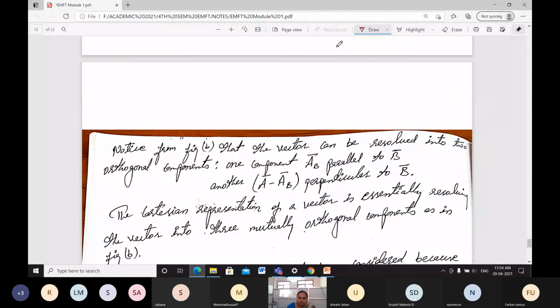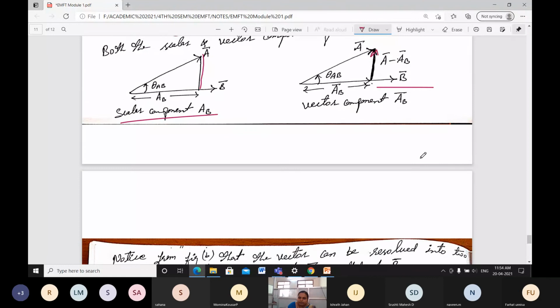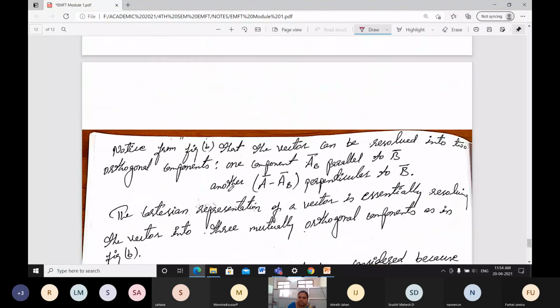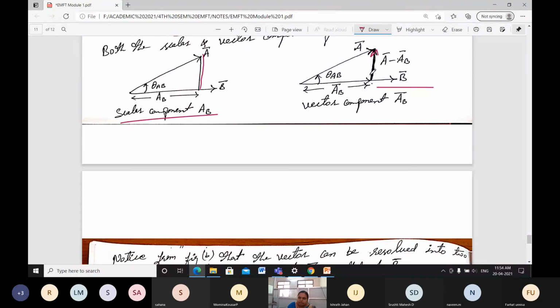Then from figure B we can observe that a vector can be resolved into two orthogonal components. One component, vector A_B, is parallel to B bar, and another, vector A minus vector A_B, is perpendicular to B bar.